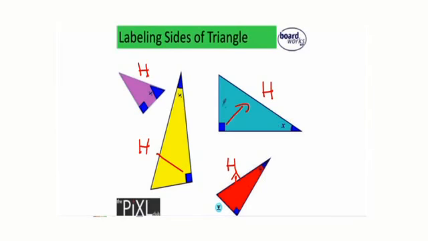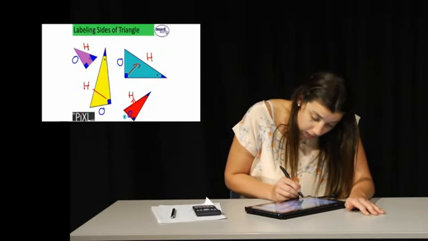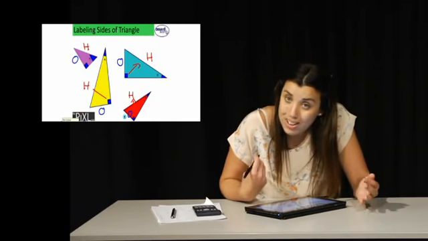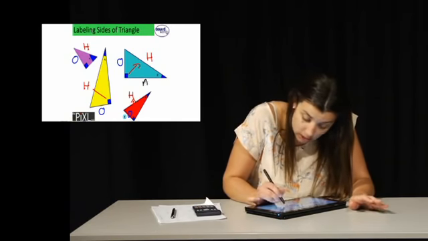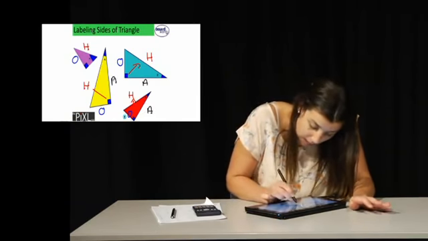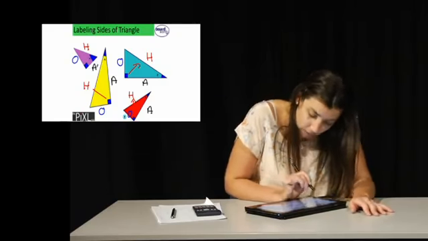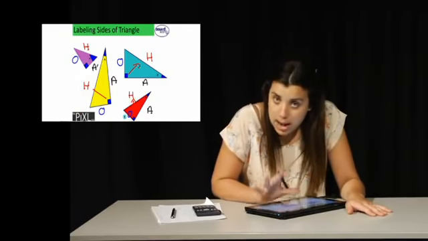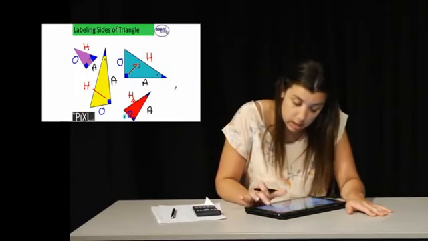Here we have the angle, go across, opposite. Here we have our angle, go across, opposite. Last one, angle here. And our last side is our adjacent side. It's the one next to the angle. It's the leftover side. A, and A. First step, label your triangle, all 3 sides.